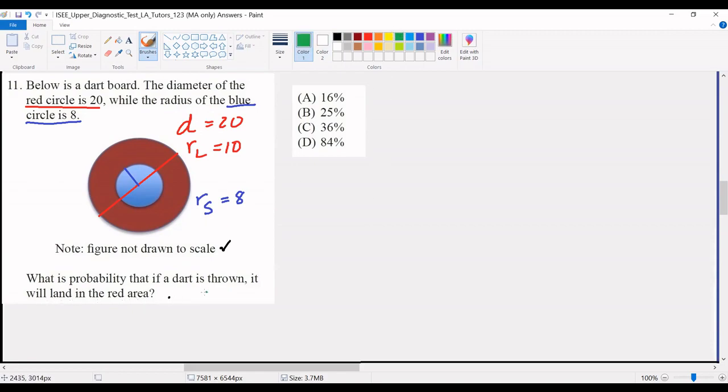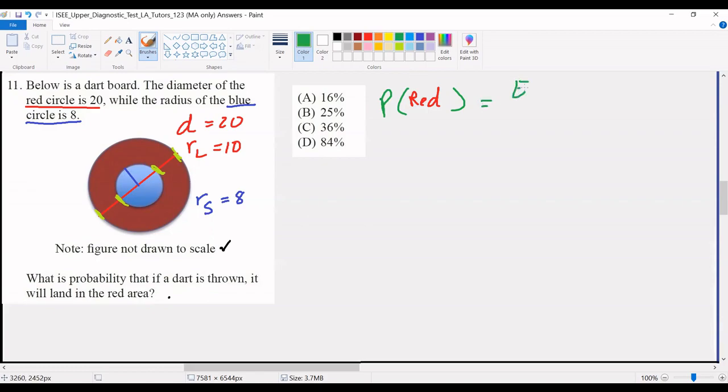Okay, so this is asking for geometric probability. We want the probability of landing only in the red area. The red area is only this little donut section that goes around this circular picture. So we need to find only the section here, and we need to cut out the smaller blue circle.